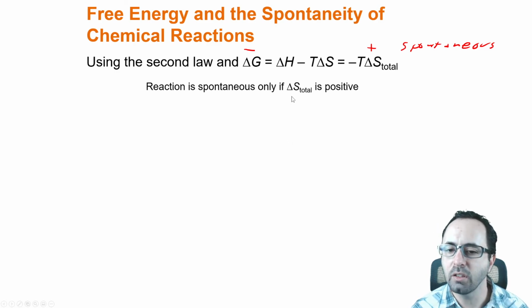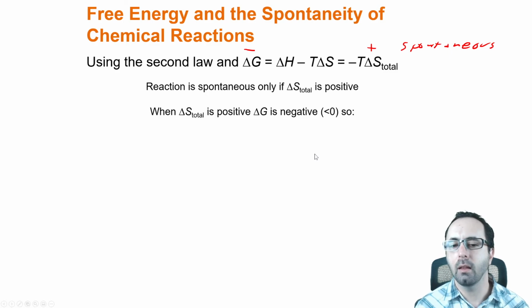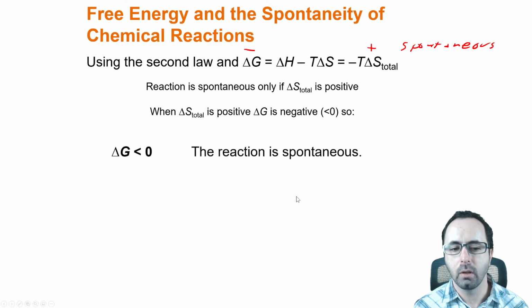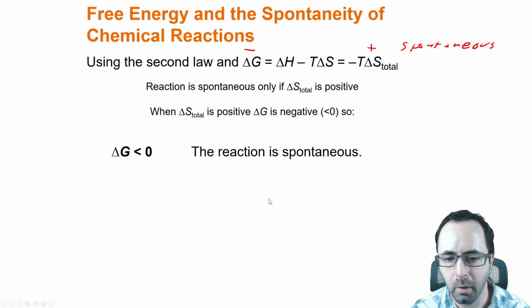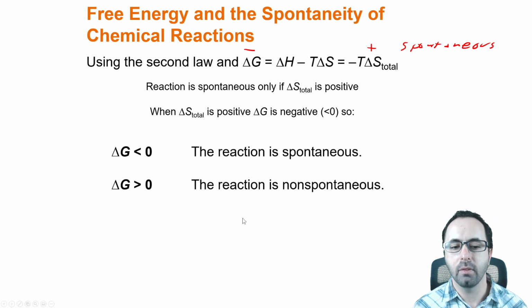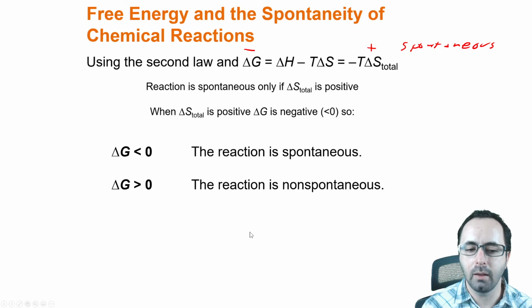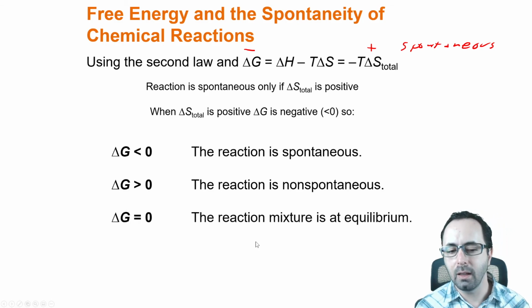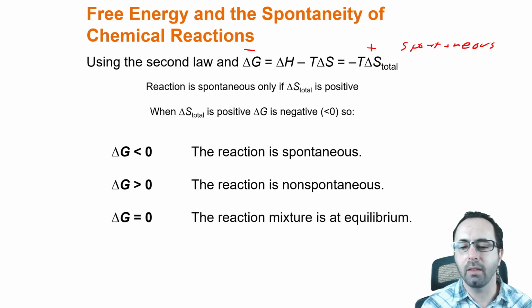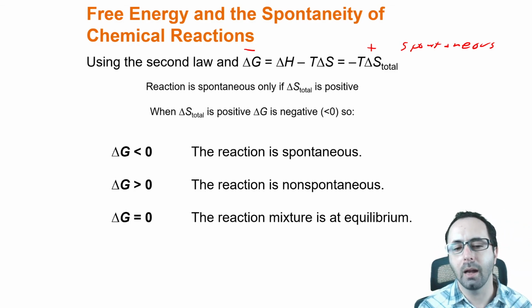So a reaction is spontaneous only if delta S total is positive. So when delta S total is positive, delta G is negative. So if delta G is negative, less than 0, that indicates a spontaneous reaction. If delta G is positive, greater than 0, that is a reaction that is not spontaneous. Delta G equals 0, that is a reaction that is neither spontaneous nor not spontaneous. That is a reaction that is at equilibrium.